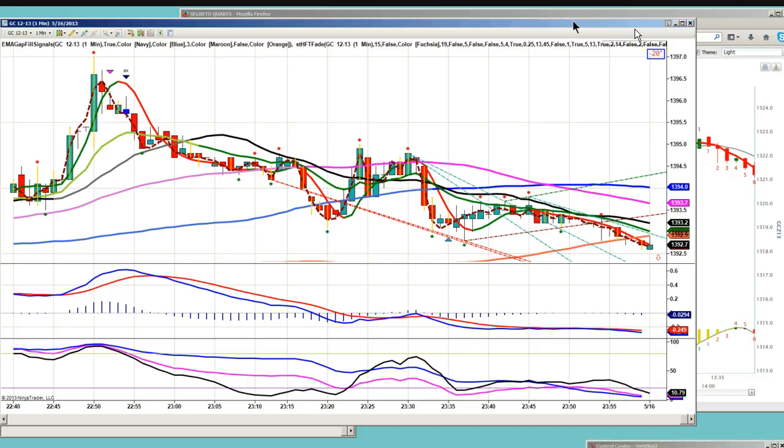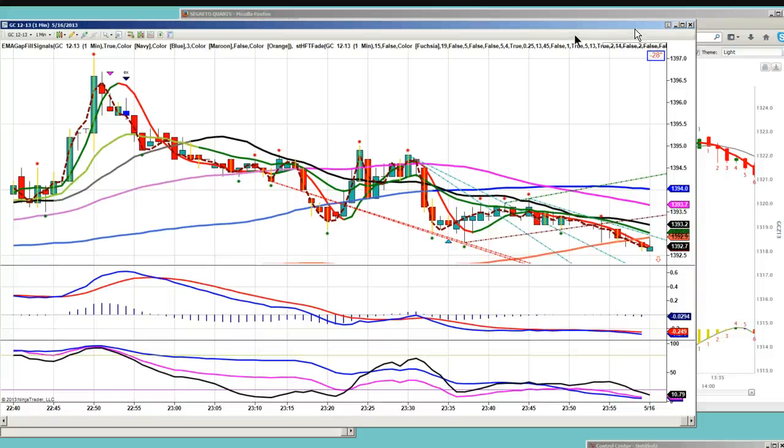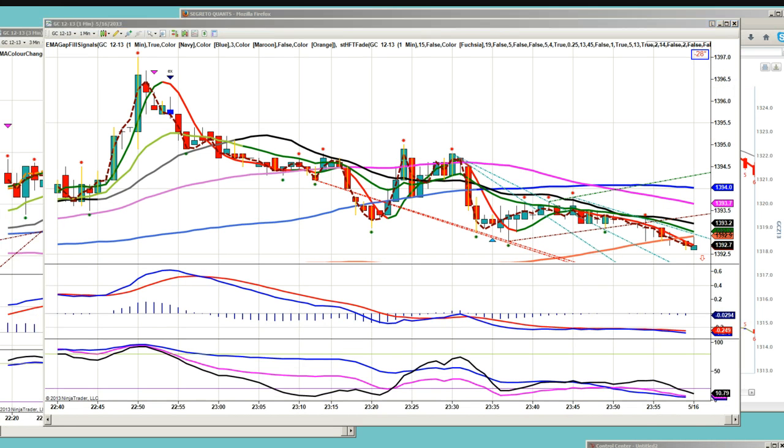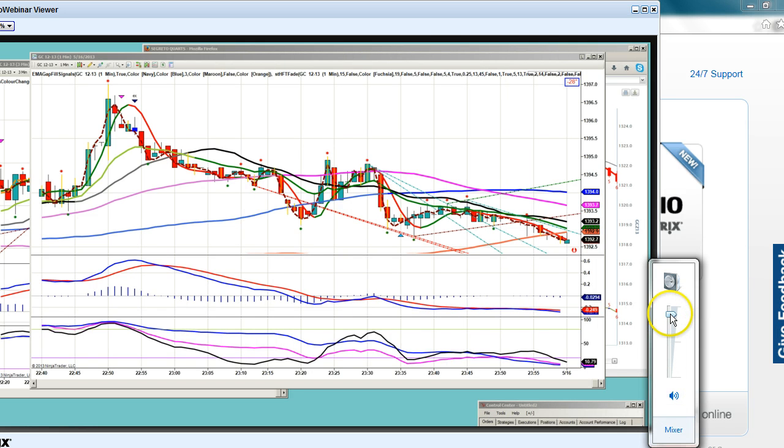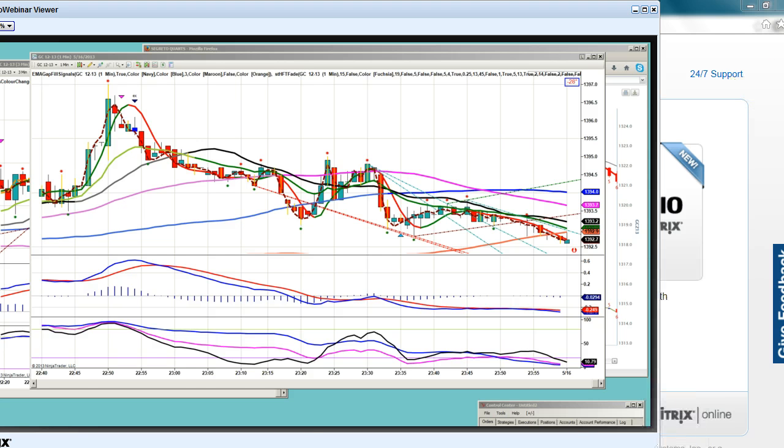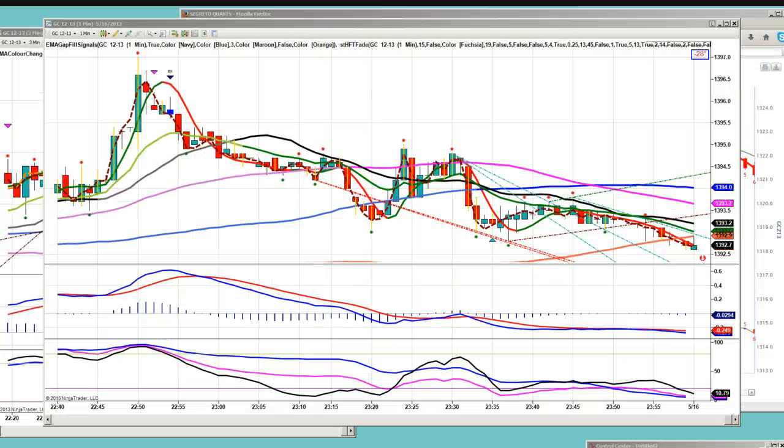I lost my little toolbox here. It disappears.